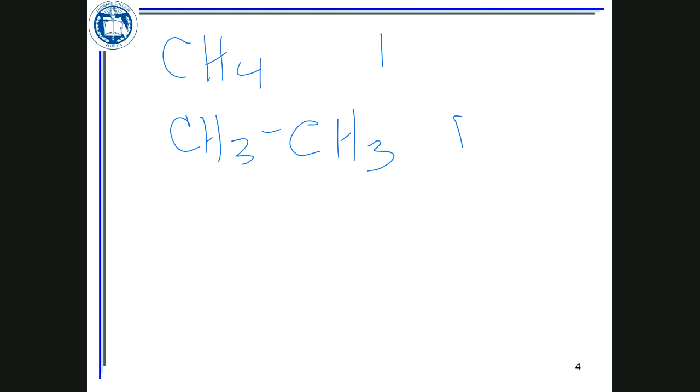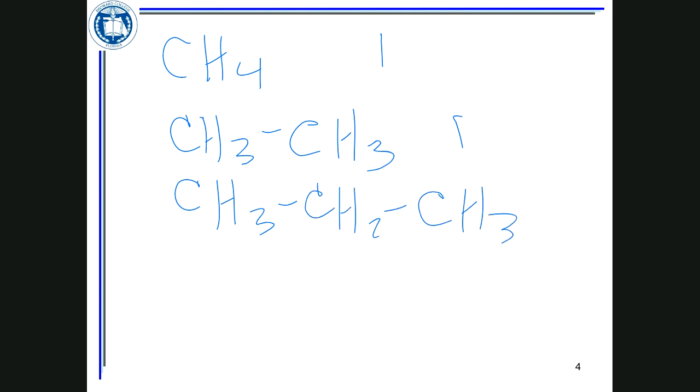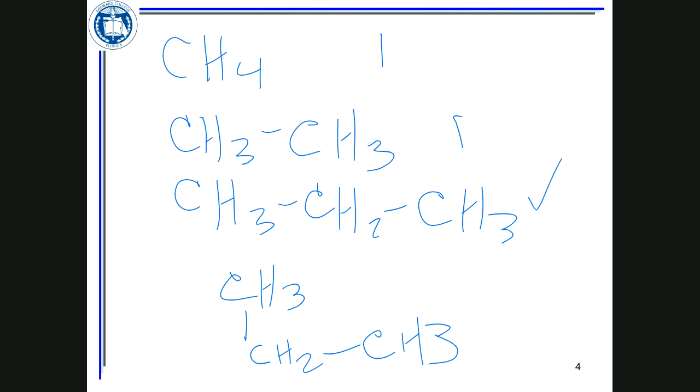If you have 3, it is going to be also 1, because if you change this and say I'm going to start like this, and then CH2 and then CH2, still in IUPAC or structural formula, the connectivity is the same. So these two molecules are the same molecule. These two are equal because connectivity is the same.